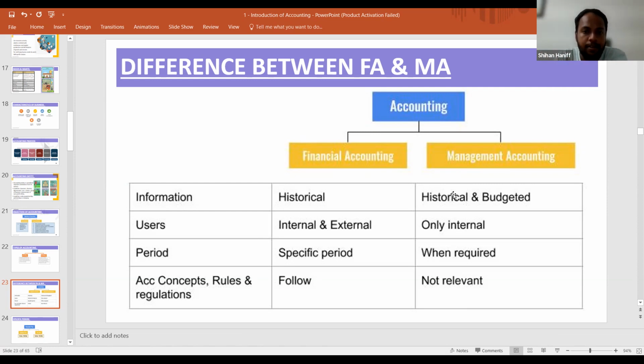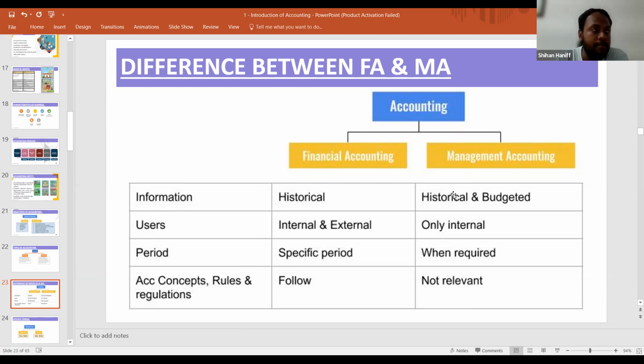The period: financial accounting is mostly annual financial statements. That is, yearly we provide financial information. But management accounting, when required, they provide. It could be 1 day, it could be a week, a month, right? 5 years, 10 years, 20 years.